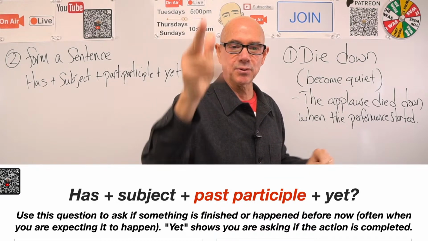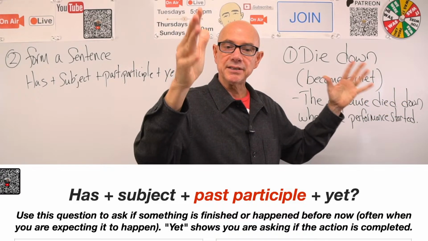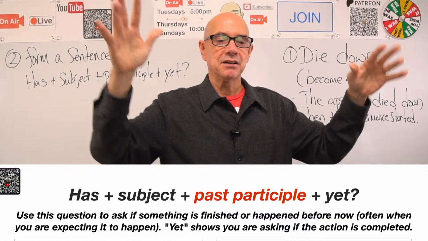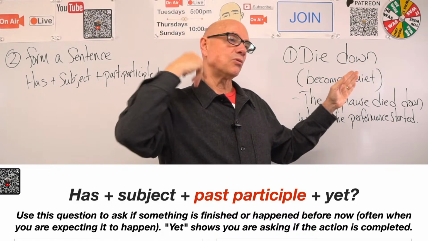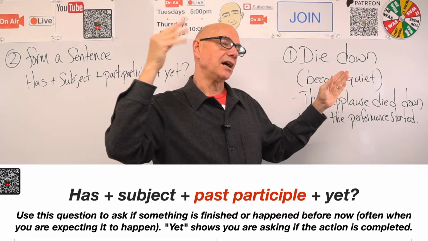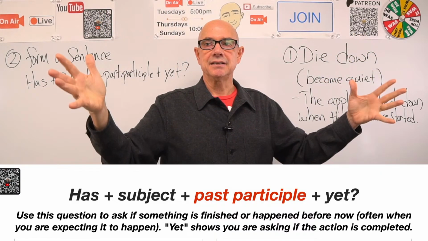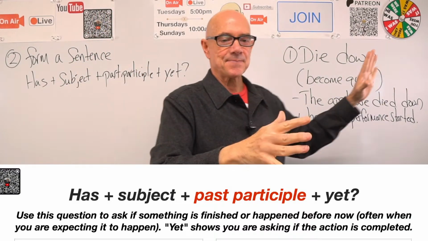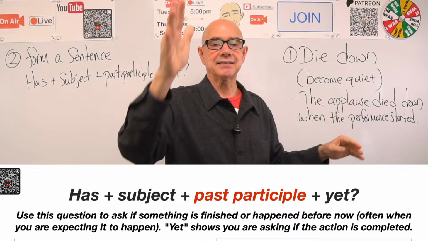Okay, Boris, let's wait until the wind dies down. Good. So noise dies down, it gets quieter, and then like the wind, it calms down. If it's really windy, and then the wind dies down, it becomes calmer. There's less wind.